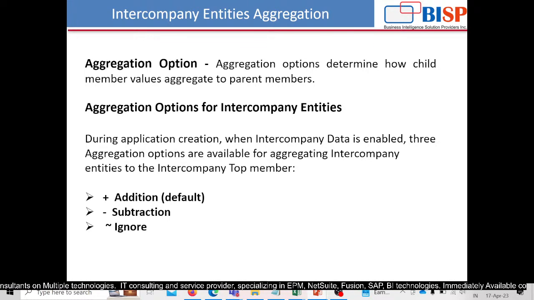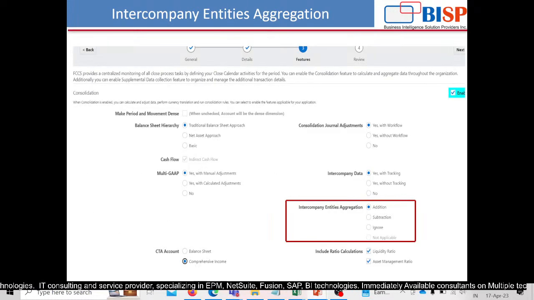Intercompany entities aggregation option is defined at the time of application creation. So the screen is showing that at the time of application creation there is the option of addition, subtraction, ignore. If we enable intercompany data, we will get these three aggregation options.